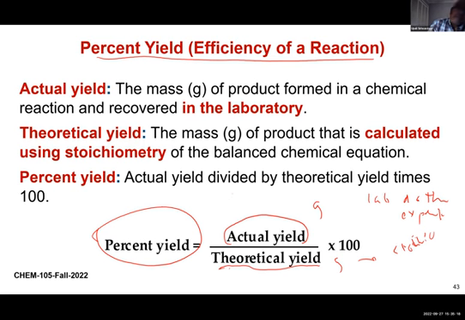The actual yield is always less than the theoretical yield. If you start with 100 grams, theoretically you are supposed to get 100.